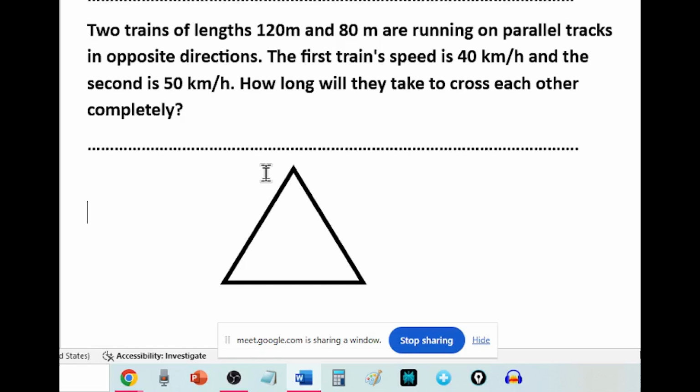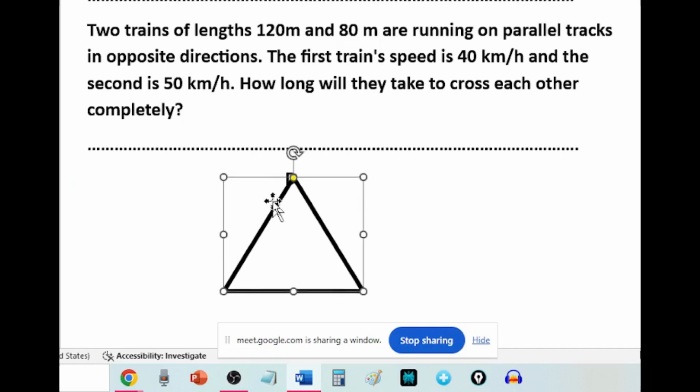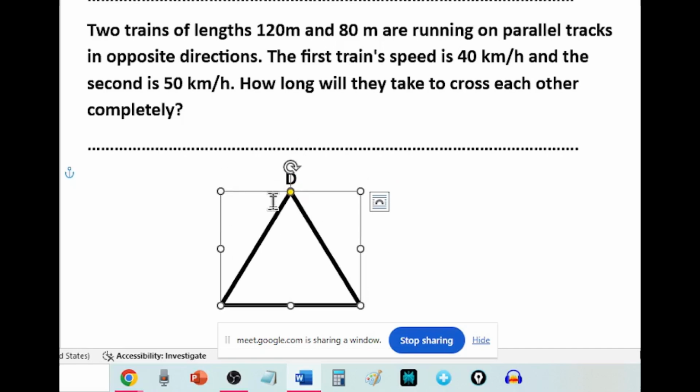You will be writing D. The top will be distance, and this will be speed, and this will be time.